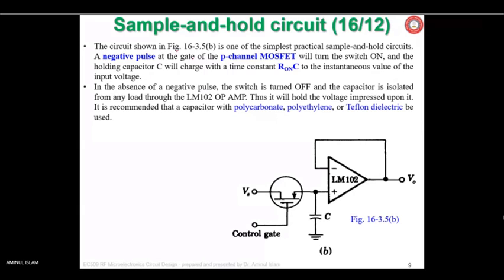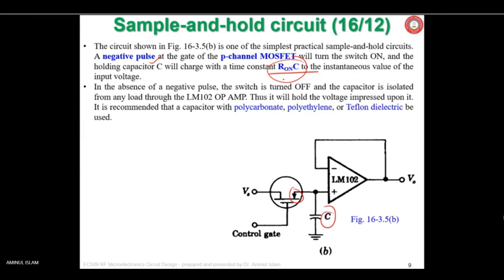The circuit shown in the figure is one of the simplest practical sample and hold circuits. A negative pulse implies a P MOSFET. So a negative pulse at the gate of the P channel MOSFET will turn the switch on, and the holding capacitor C will charge with a time constant R on. R on is the resistance of the MOSFET, and C is the capacitor value, and together this is the time constant.